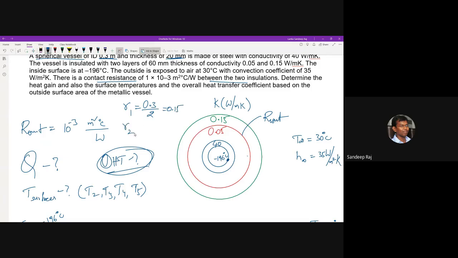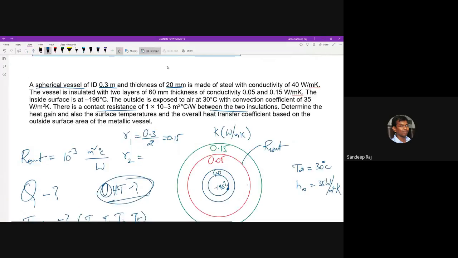If I have to get the R2 value here, it is 20 mm thick, so I have to add the 20 mm to this one. So 0.15 plus 20 into 10 to the power of minus 3 will give you your R2. Somebody tell me what is this R2 value?